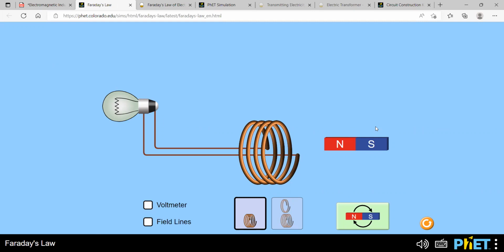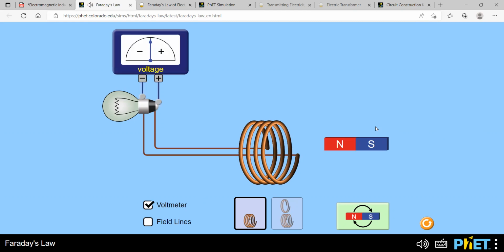Here we don't have a battery, but even so we can have EMF, electromotive force, or voltage. Let me put a voltmeter here that will tell us how much voltage is there.